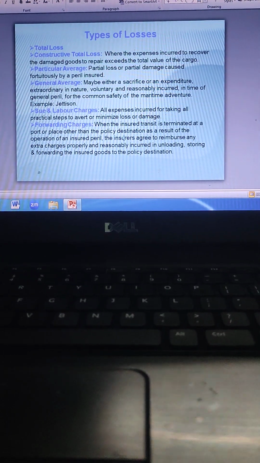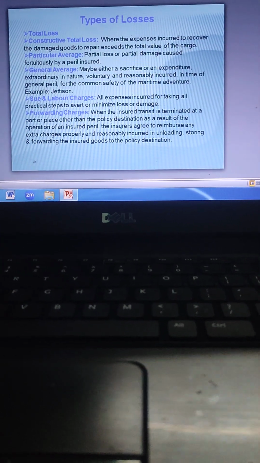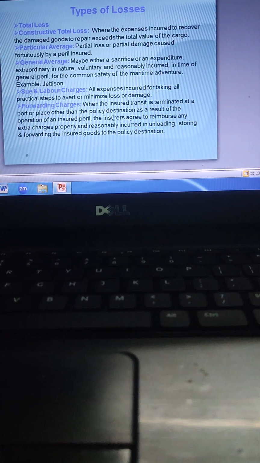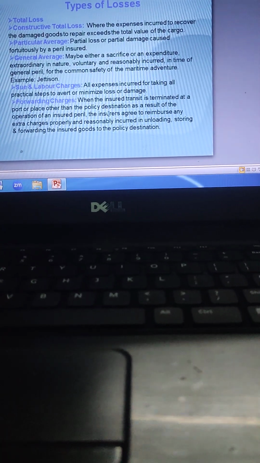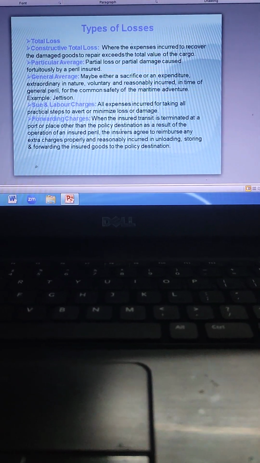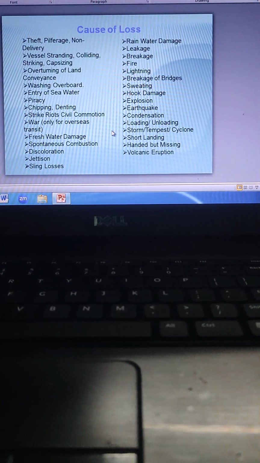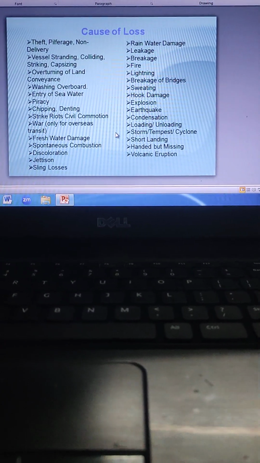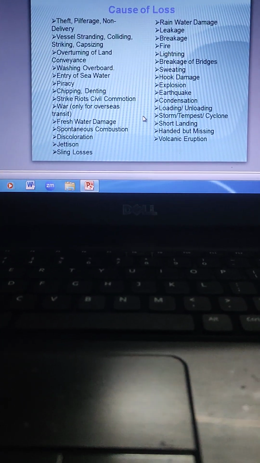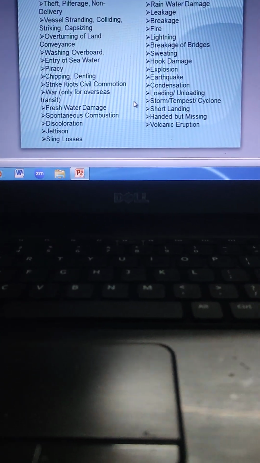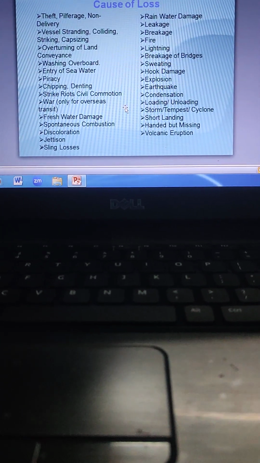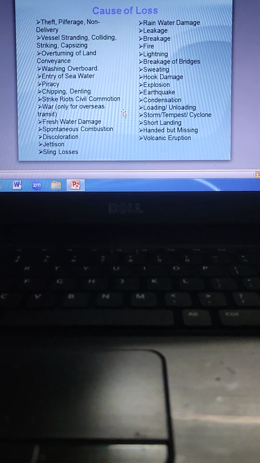In marine there are different kinds of losses, like total loss, constructive total loss, particular average, general average, fuel and labor charges, forwarding charges. These are all different kinds of losses. There could be a number of causes of losses, meaning a number of perils are there, and the loss can be caused by any of these perils. This is how the goods are loaded.